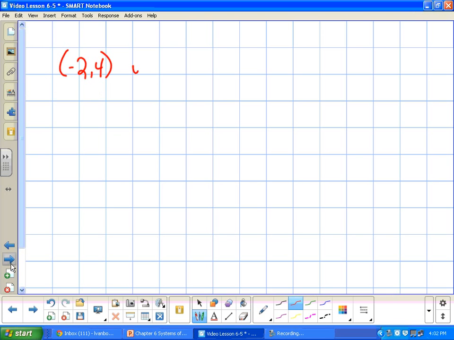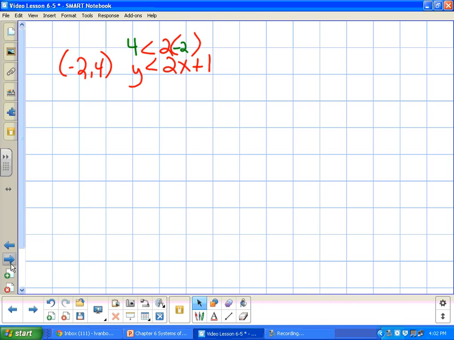And we'll use the inequality y is less than 2x plus 1. To see if our ordered pair is a solution, we'll put in a -2 for x, and we'll put in a 4 for y. So this becomes 4 is less than 2 times our value for x, which is -2, plus 1.